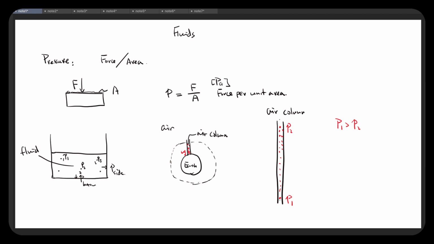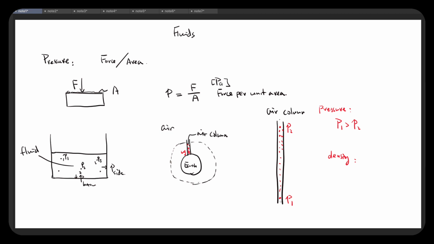They also make a difference on the density. Previously we had the pressure change, and for density, the air particles are more compressed at a lower altitude.